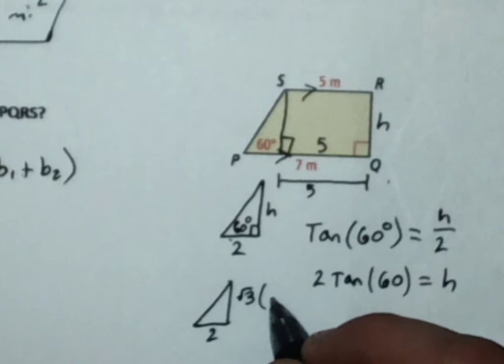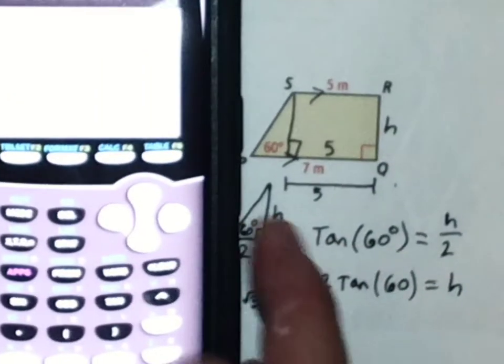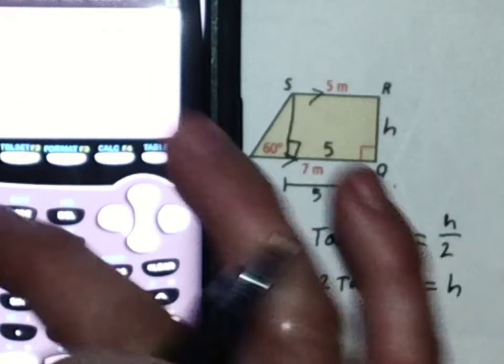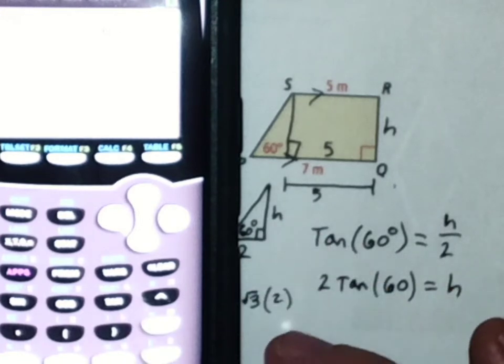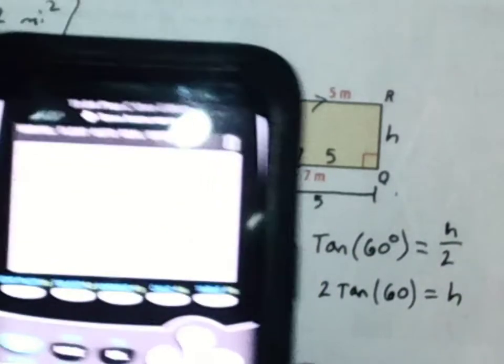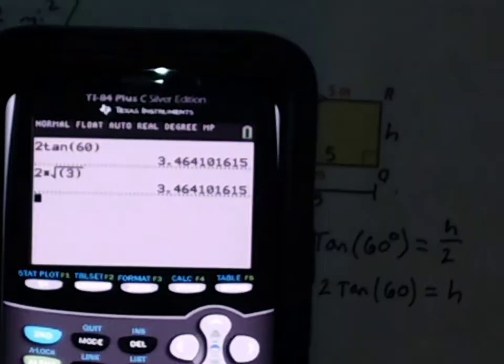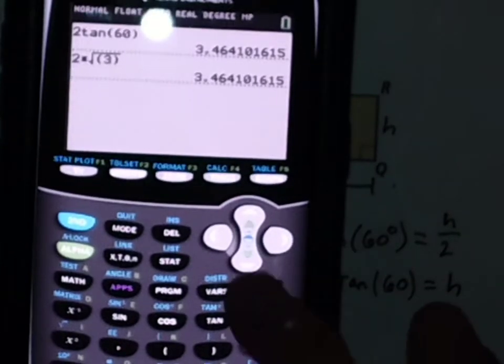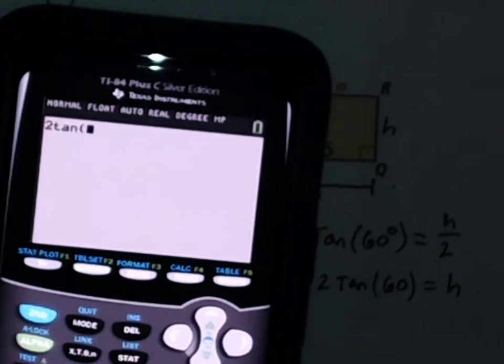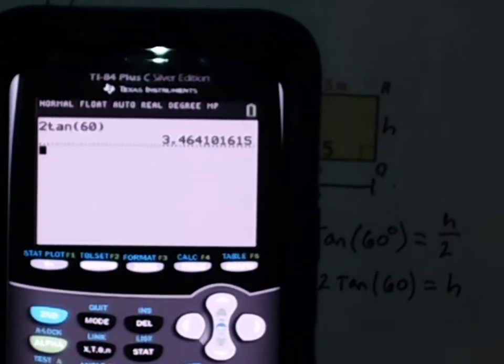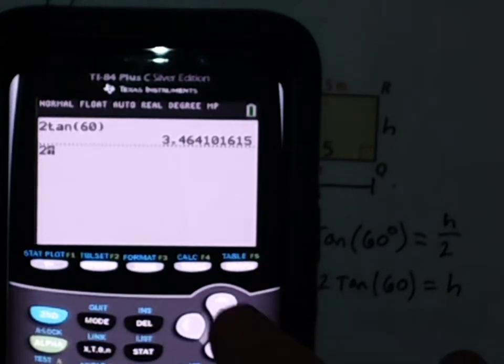You'll notice on my calculator here that 2 times the tangent of 60 is 3.464, but also is 2 times the square root of 3.